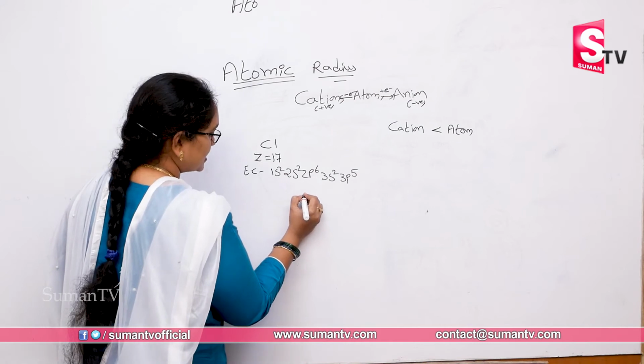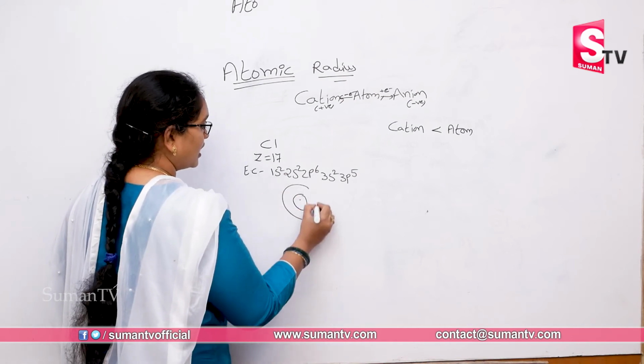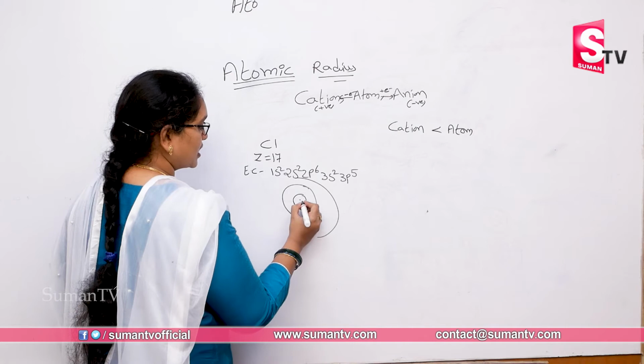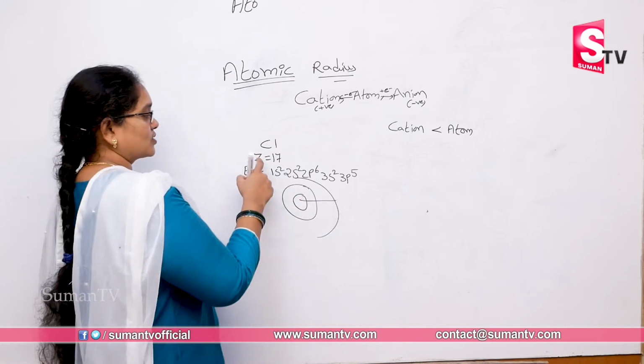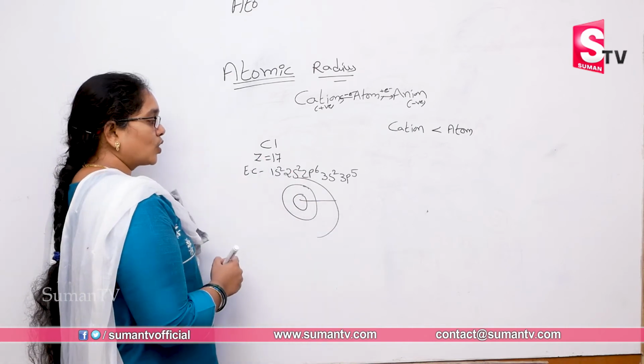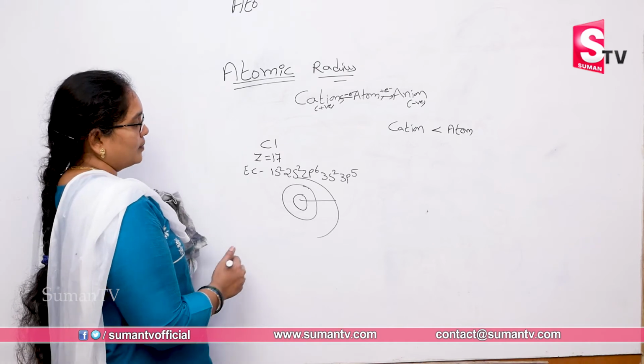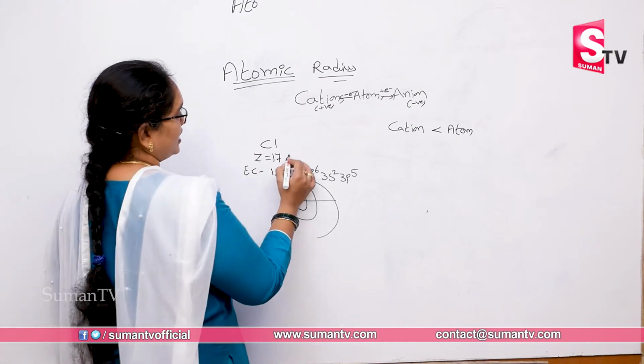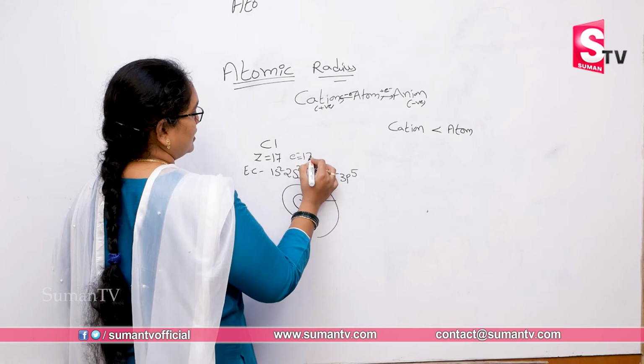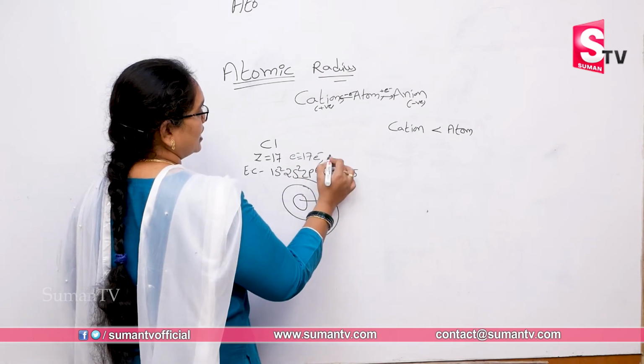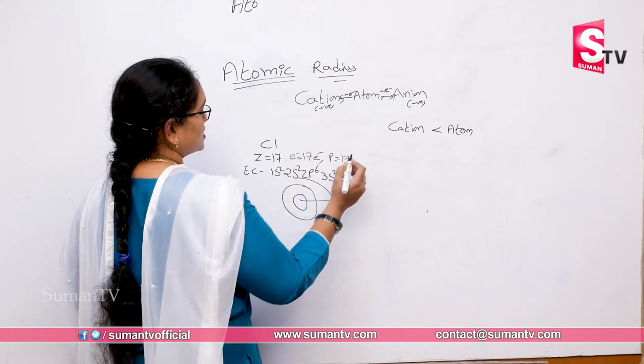This is the nucleus, and the last electron is present in the third shell. The nucleus to the third orbit is the radius for chlorine. It has 17 electrons and 17 protons.